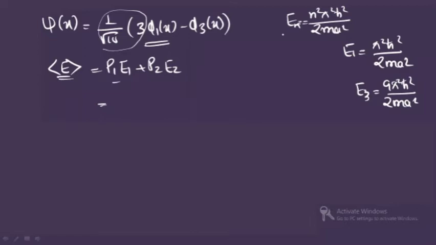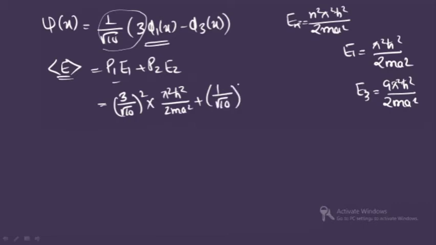So P1 will be 3 by root 10 whole square, the basic formula you can use, times E1, which is pi square h cut square by 2 ma square. This term will become plus. And P2 will be 1 by root 10 whole square, times E3, which is 9 pi square h cut square divided by 2 ma square.